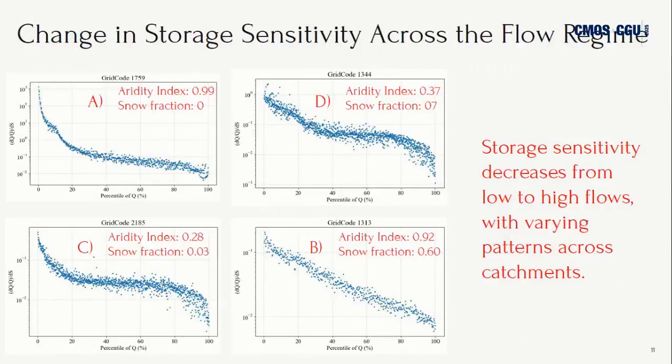The shapes of A and B are different: A is nonlinear, B is almost linear. The ranges are also very different. In catchment A, from low flow to high flow, the sensitivity changes by almost 1,000 units. But for catchment B, the snow-dominated region, the change is roughly 10 to minus 1.